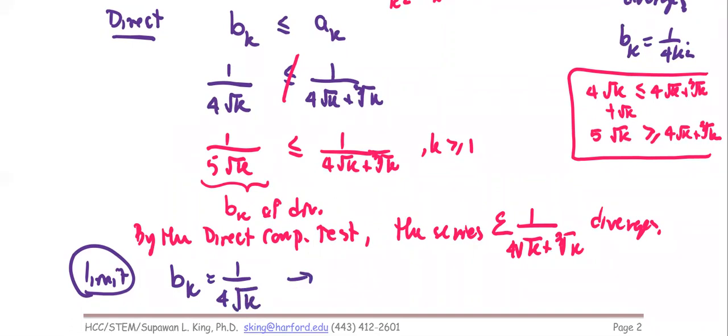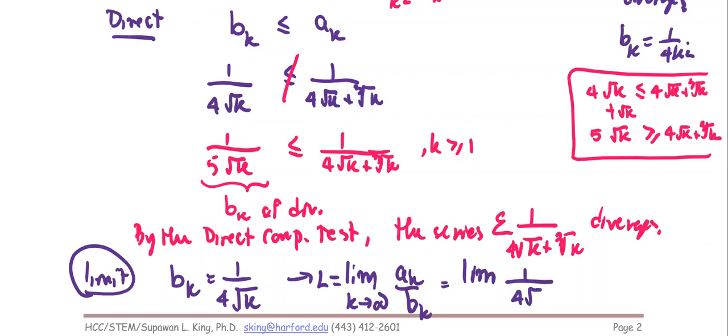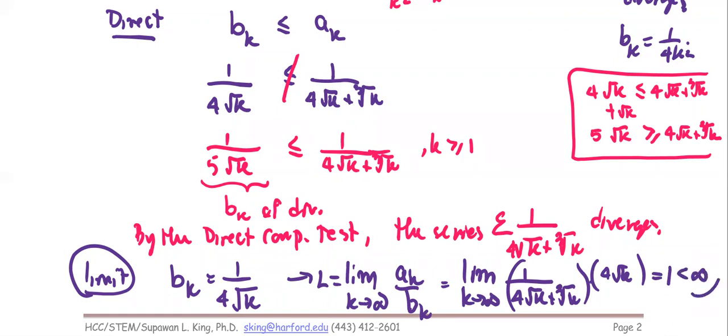By the limit comparison test, the limit L as k approaches infinity of a_k divided by b_k is the limit of 1 over 4 square root k plus the cube root of k multiplied by the reciprocal of b_k, or 4 square root k. As k approaches infinity, the value equals 1, which is less than infinity. We have the same conclusion that both series a_k and b_k diverge.